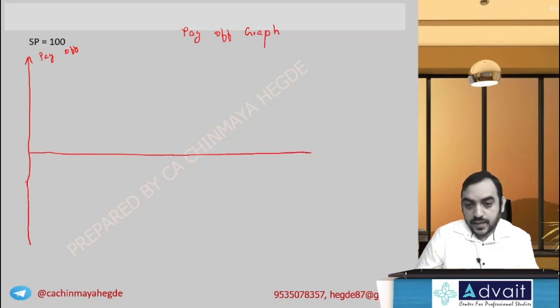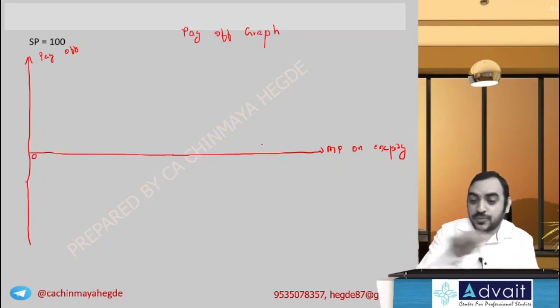On the x-axis, I will have the market price on expiry. I need the positive side and the negative side, both upside and downside, with zero payoff here. Market price cannot be negative, so I'm only writing the right side.